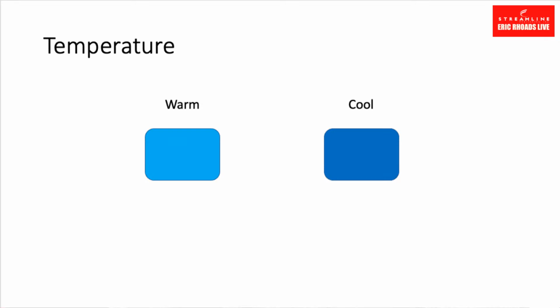So the next thing I consider when I'm mixing a color in the hierarchy is the temperature of the color. And temperature is a little bit tricky because the primaries and the secondaries each have an inherent temperature. Blue is cooler than red. However, it's all relative. There can be a blue that is warmer than a cool blue.